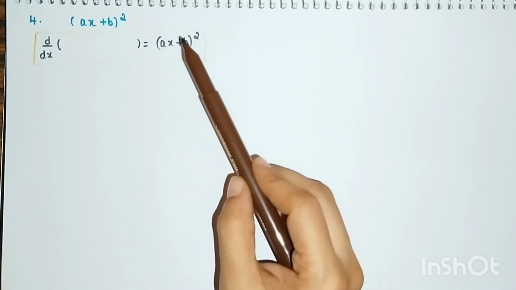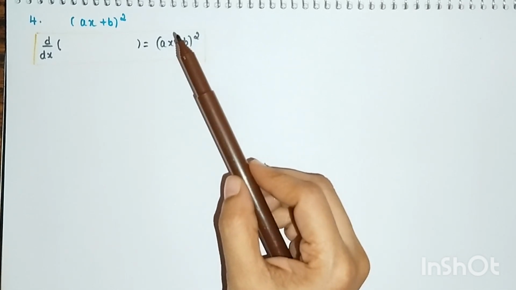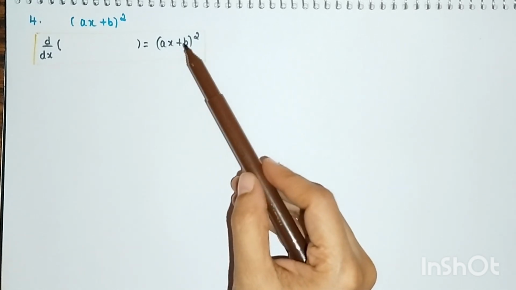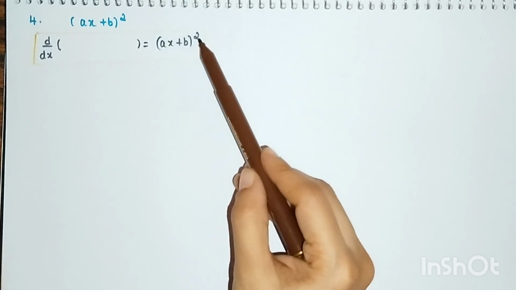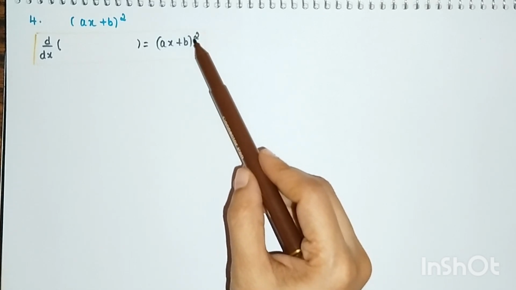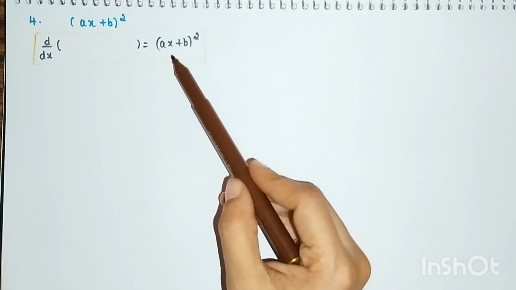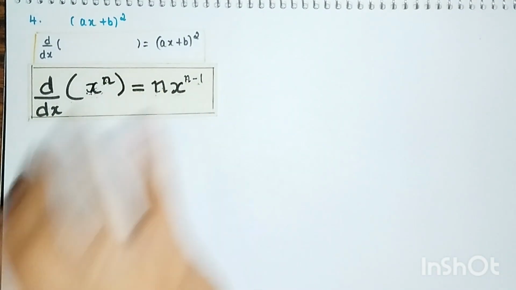Now if you observe clearly, there is a base and exponent. So from the list of formulas, which is that function which, if you differentiate, you will get some base and exponent value, a number. In the place of exponent you will get a number.